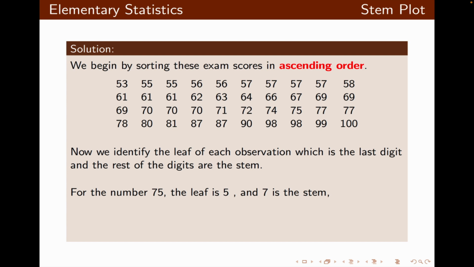So for the number 75, the leaf is 5 and 7 is the stem. And for the number 90, for example, the leaf will be 0 and the 9 is the stem.